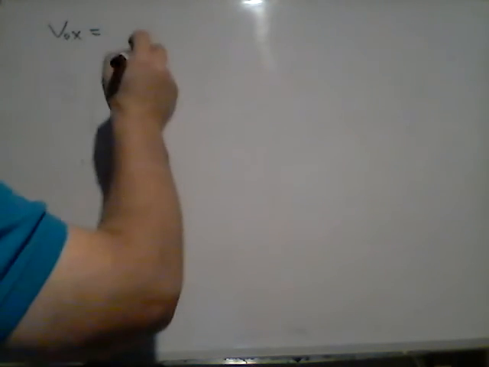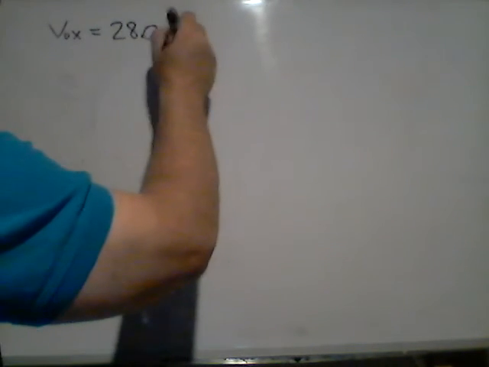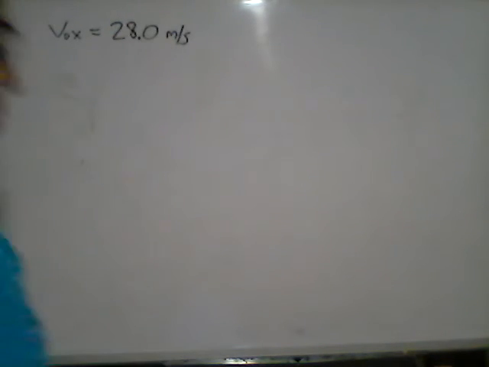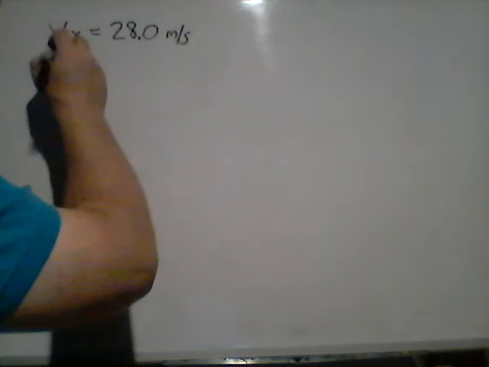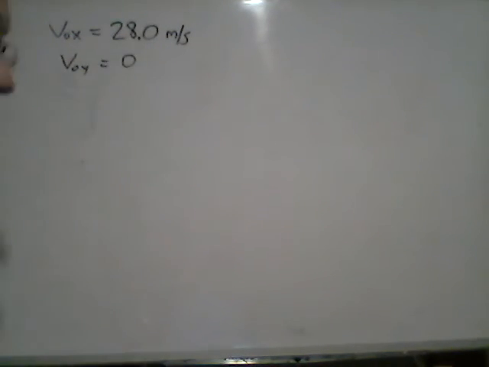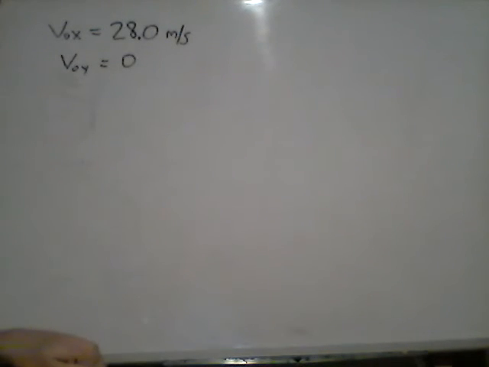What I know is that v naught sub x is 28 meters per second. Initially, the entire velocity vector is horizontal, which means v naught sub y is 0. In the free fall problem, that corresponds with the horizontal constant velocity motion.